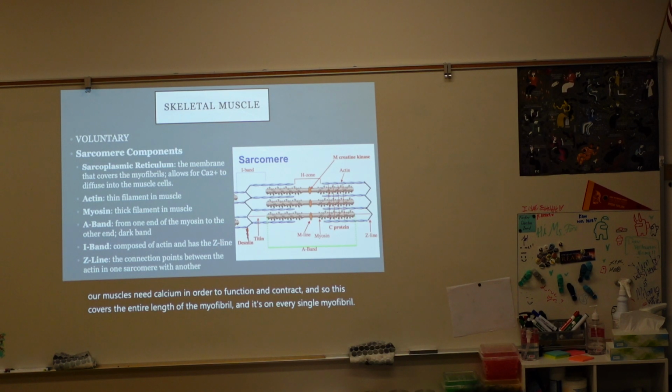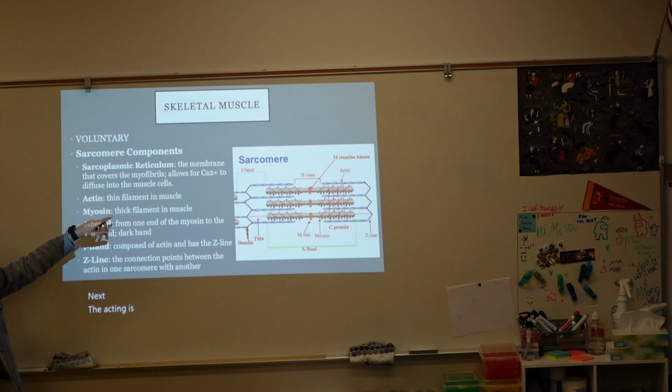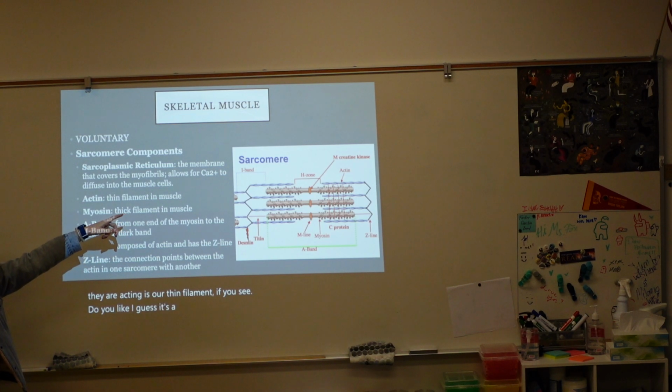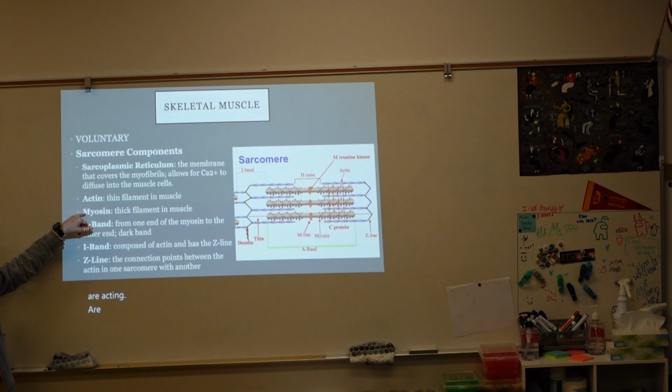So, our next part is our actin. Our actin is our thin filament. If you see the, I guess it's a bluish color, the blue part of the diagram, that is our actin. Our myosin is our thick filament that's in the muscles.